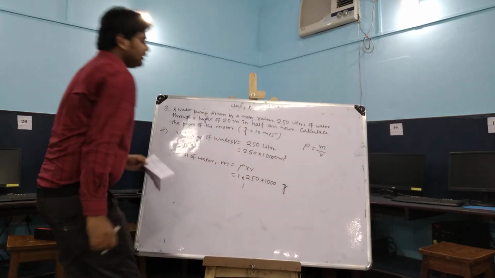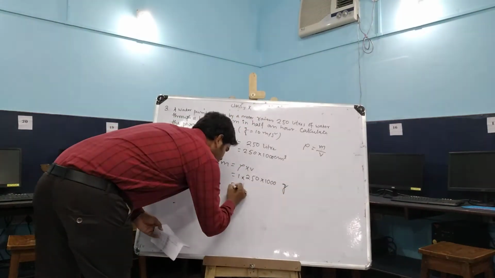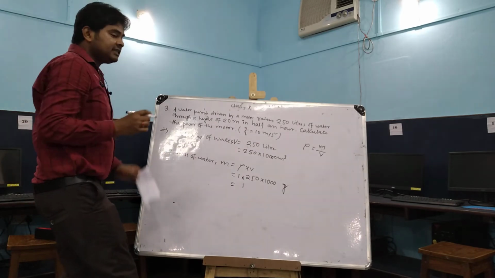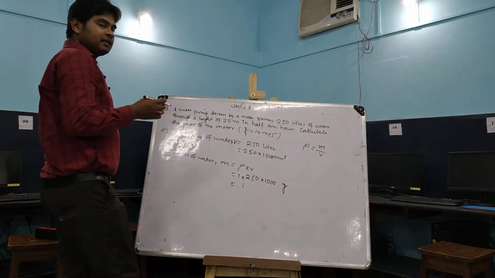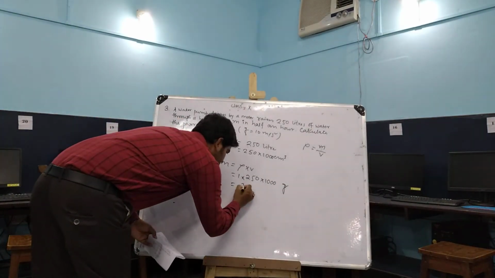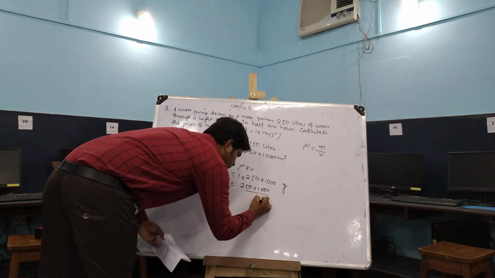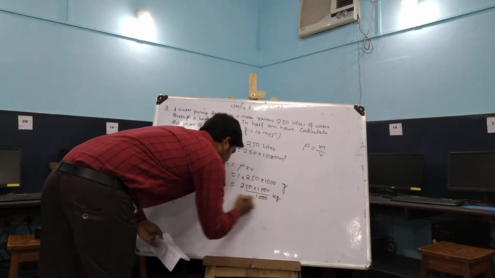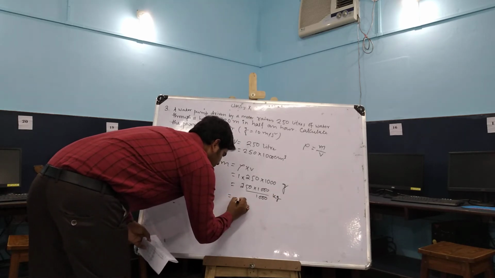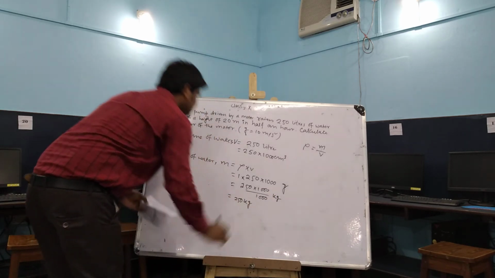This is in grams. If we convert this into kg, we have to divide it by 1000. We will get 250 kg. This is the mass.